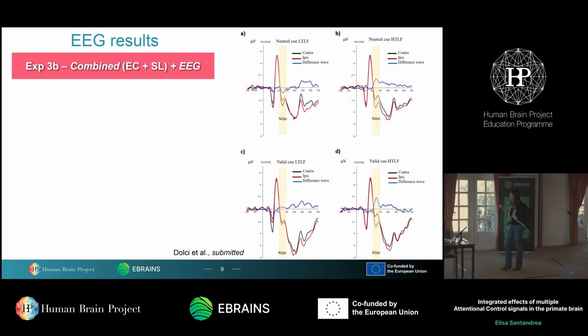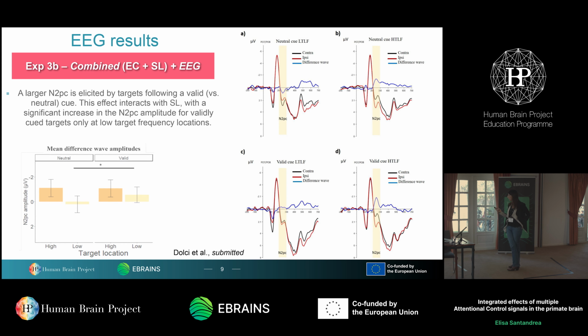And here you see it is shown for the neutral cue condition, the valid cue condition, and for low target frequency location and high target frequency location. Just to sum up the results, we have here a graph showing the mean difference wave amplitudes for the 4 conditions. And what we see here is that a larger N2PC is found when the target follows a valid cueing, so we know about the location of the upcoming target.